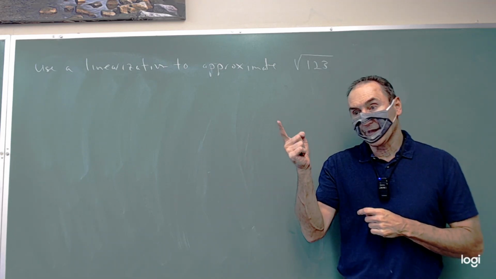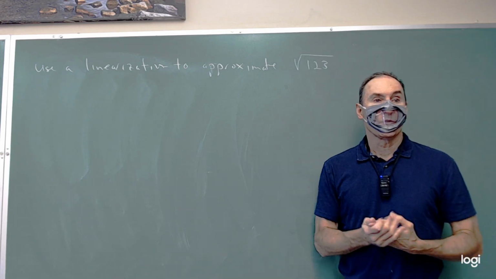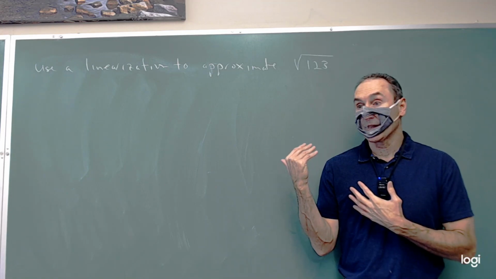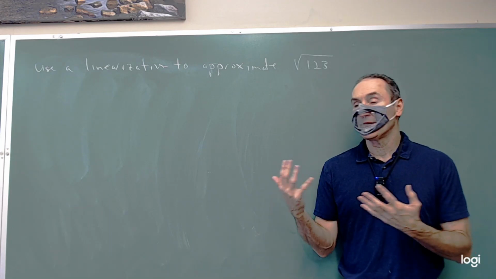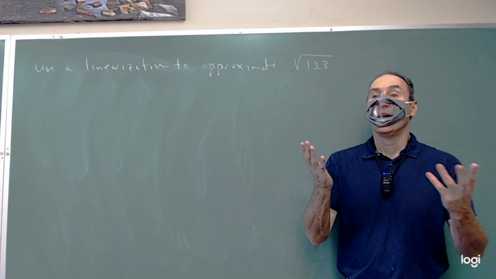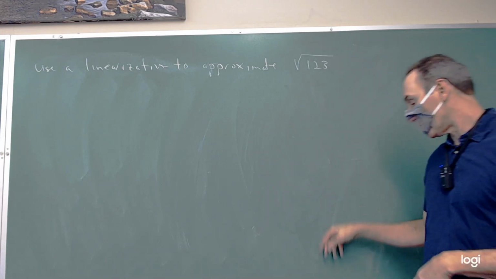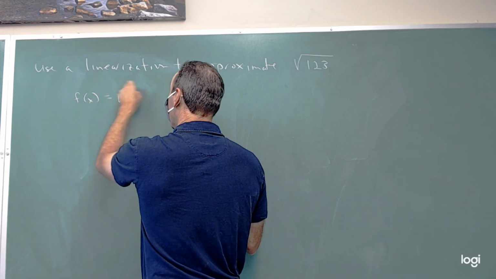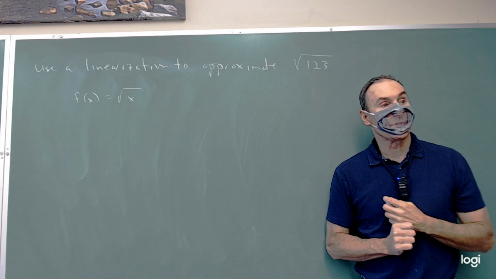So what you have to think is, a linearization means we're going to use a tangent line. In order to find an equation of a tangent line, you first have to think of what function we're talking about. What is the underlying function here that we're trying to approximate? The square root of x, exactly. Because we're trying to find the square root of 123, that function that has not been explicitly mentioned is the square root function.